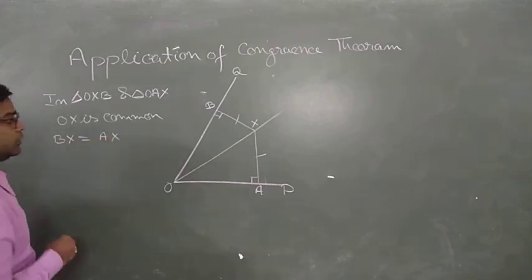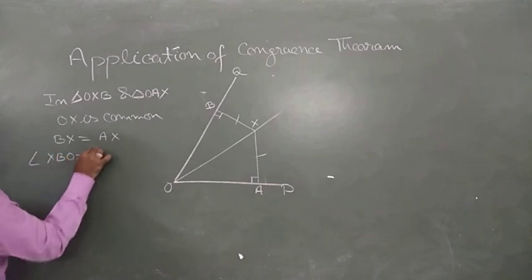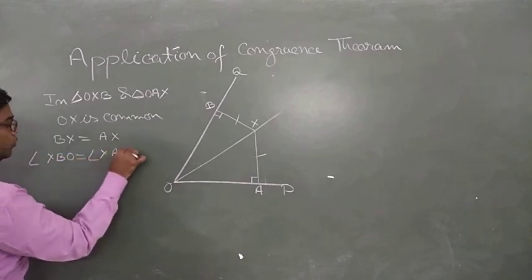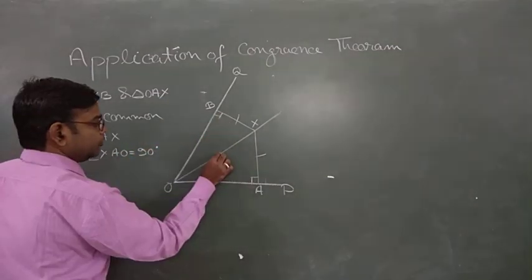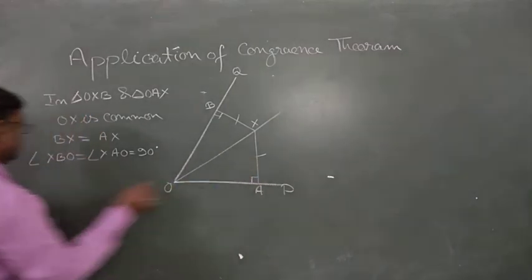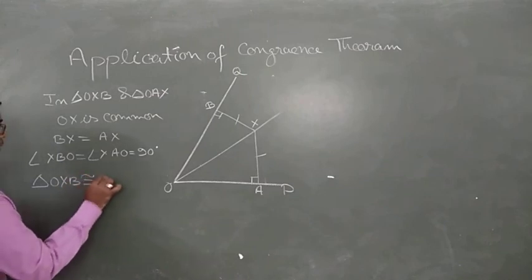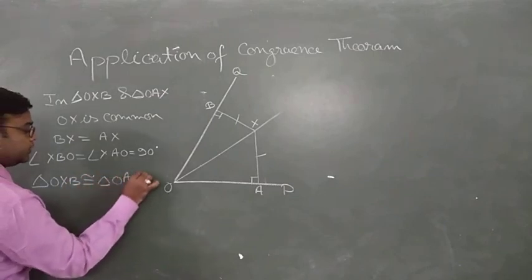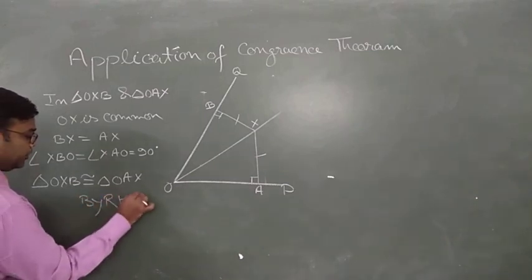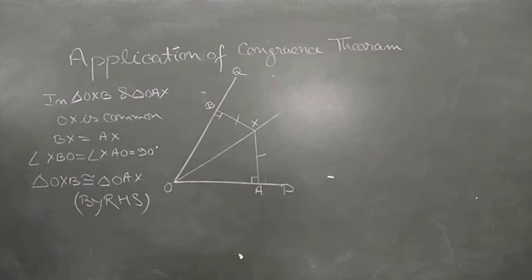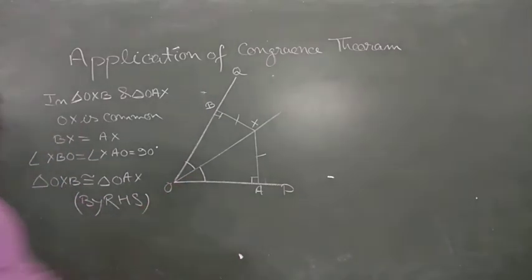Angle XBO equals angle XAO equals 90 degrees. So right angle, hypotenuse, and one of the sides are equal. So we can say triangle OXB is congruent to triangle OXA by RHS property: right angle, hypotenuse and any one side equal. Therefore, this angle must be equal to this angle by CPCT.